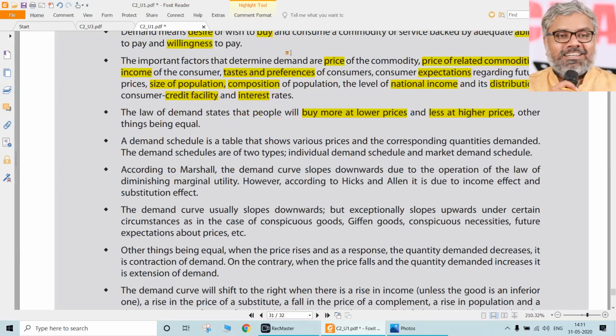Of course, since we are talking about demand, one factor always is going to be demand. Other factor will change. If we are testing the relationship of quantity demanded with the price, that is one separate analysis.